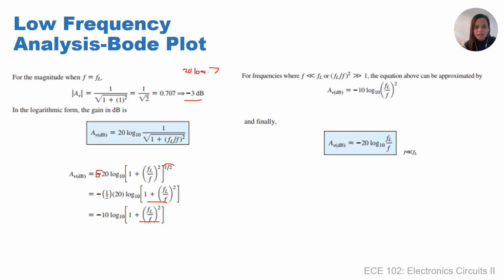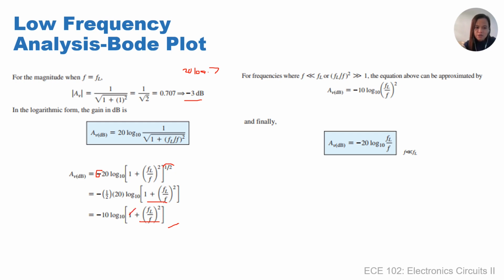Whenever the frequency is very much lesser than FL, or FL over f squared is much greater than 1, this equation could be simplified, since this is very large compared to 1. So the 1 would cancel out.